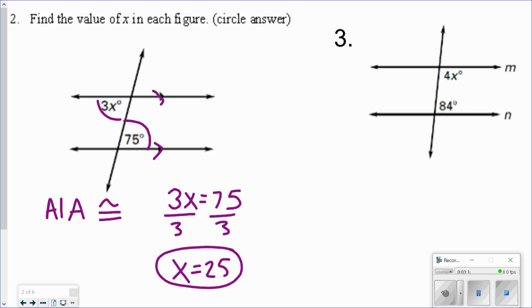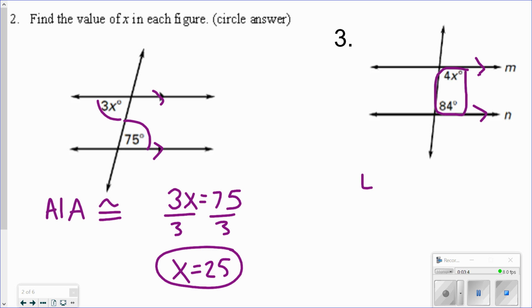For question number 3, I am going to assume that these are parallel here. So we have these 2 angles that I'm looking at. So these are our same side interior. So we know that they are not congruent. They're going to add up to 180 degrees.